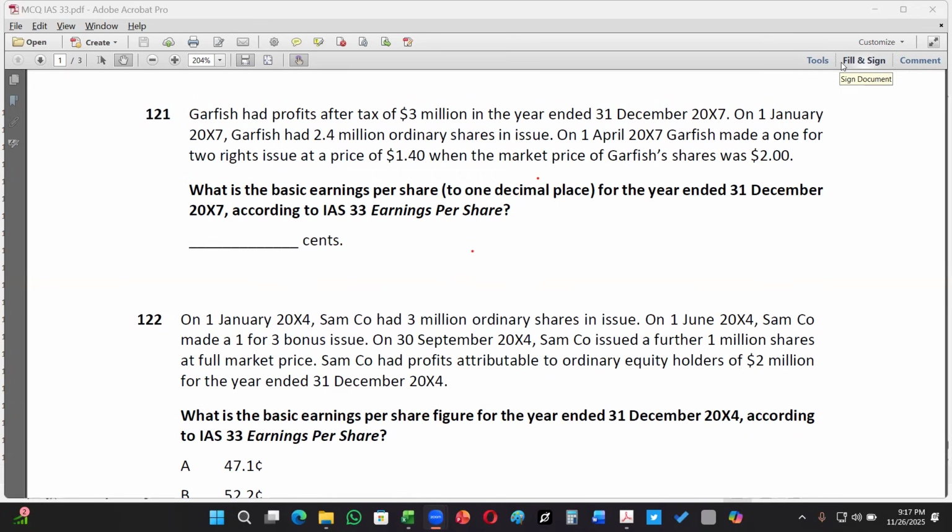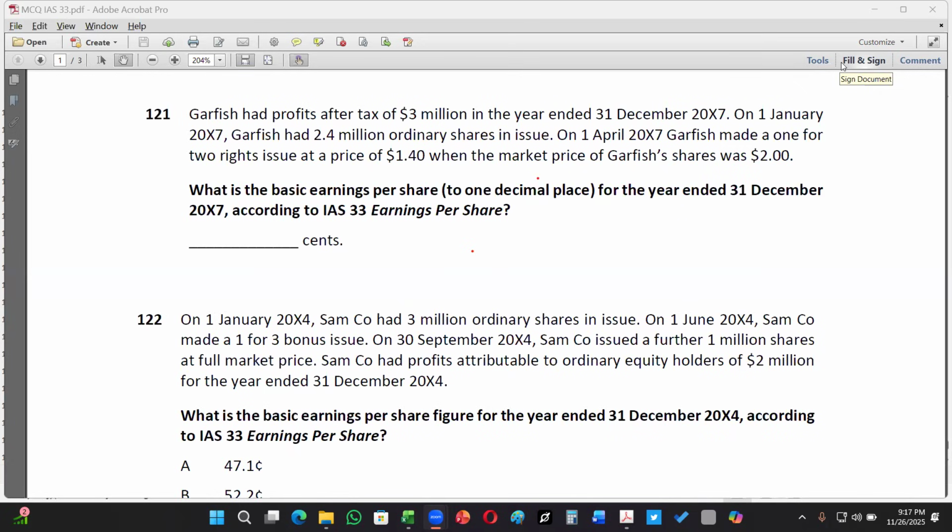When it comes to EPS, IAS 33 distinguishes EPS into two: the basic EPS and the diluted EPS. The two issues in basic EPS are the bonus issues and the rights issues. If you remember, in the second revision session we did a question on the rights issue.